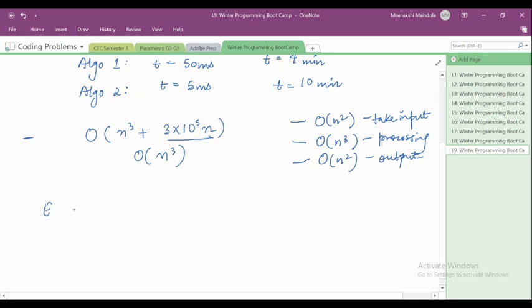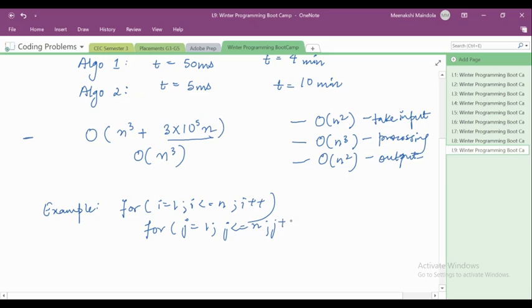So let us say you have, for i is equal to 1, i less than equal to n, i plus plus, and then you have another loop inside this, which is j is equal to 1, j less than equal to n, j plus plus, and then let us say you are performing certain operation here.